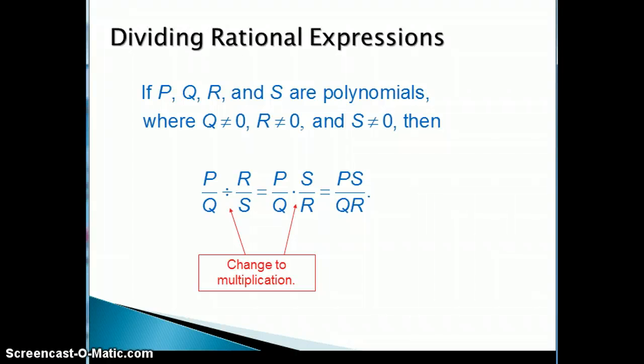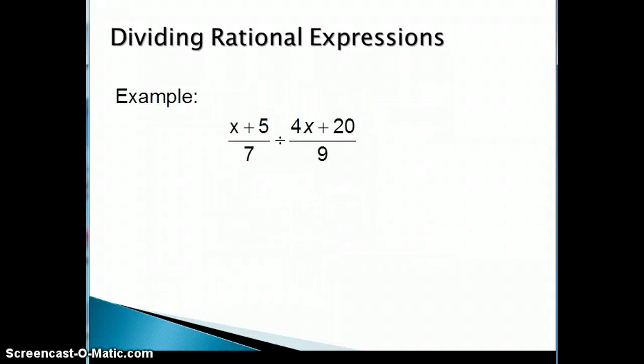That would be our first step. Then we would flip the second fraction, and it's always the second fraction as you're reading from left to right that gets flipped. And so that R over S will become S over R, and then we perform our multiplication as usual. So let's look at an example.